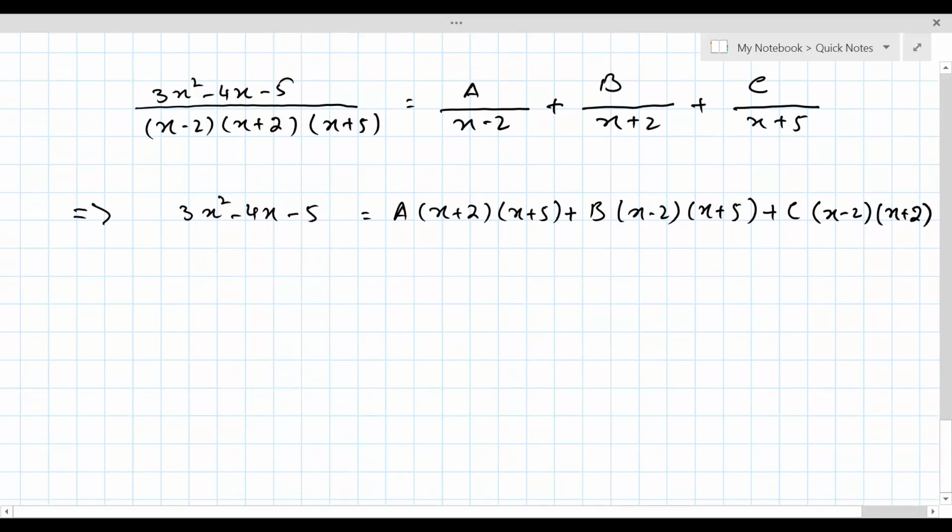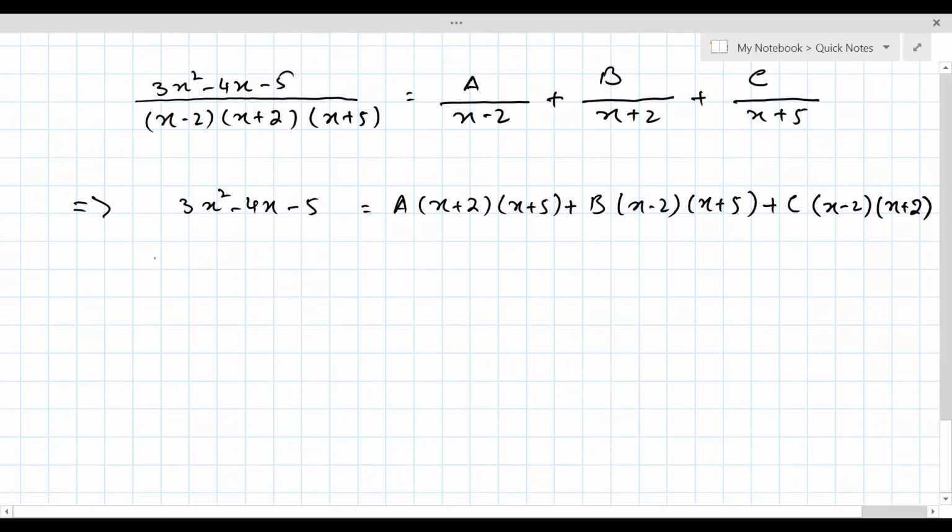So now for finding a, put the factor just below it equal to 0, and the factor below a is x minus 2. So put x minus 2 is equal to 0. This means x is equal to 2.